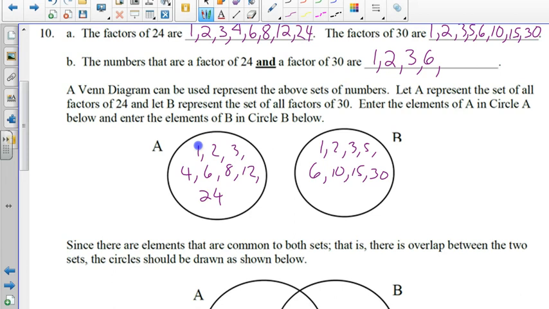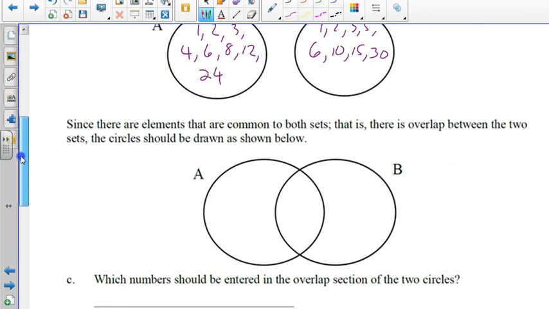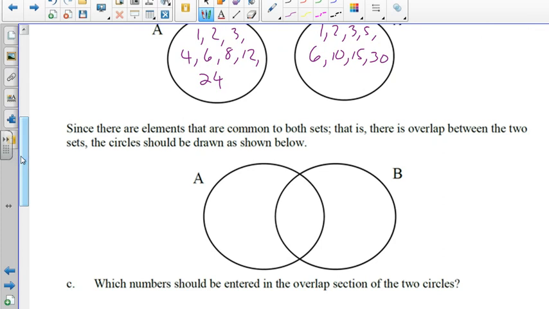So if they share common elements, we put in the overlap the ones that belong to both. So 1 is in both sets. 2 is in both sets. 3 is in both sets. And 6 is in both sets.